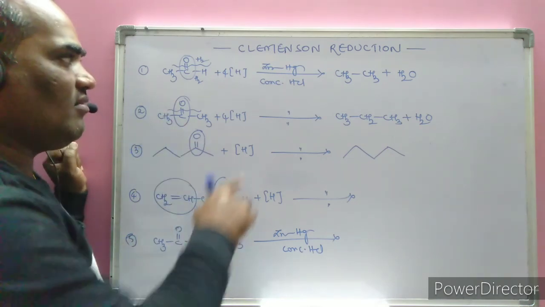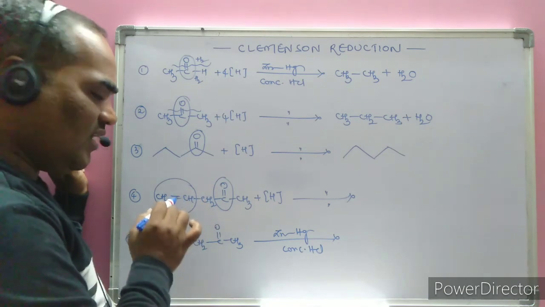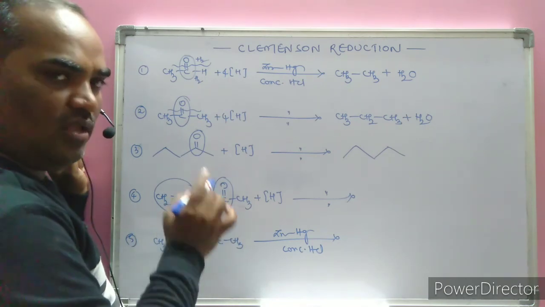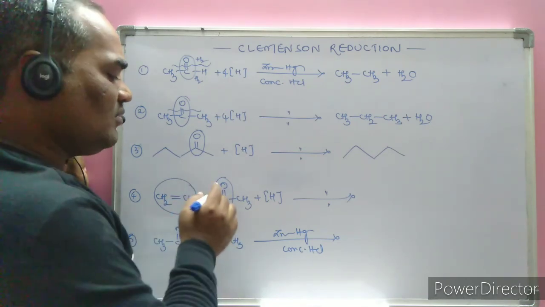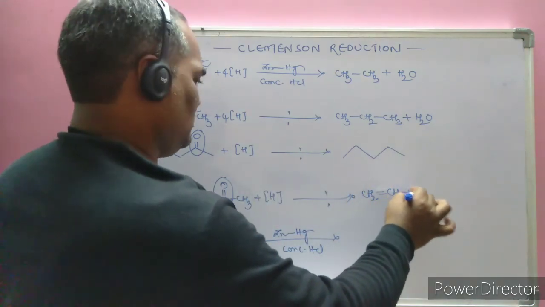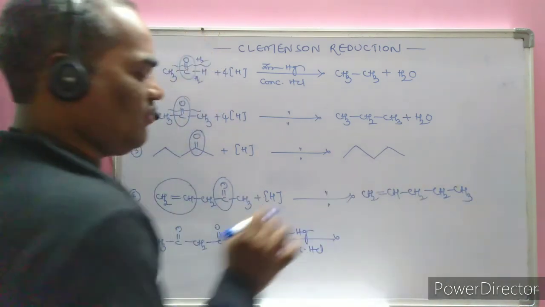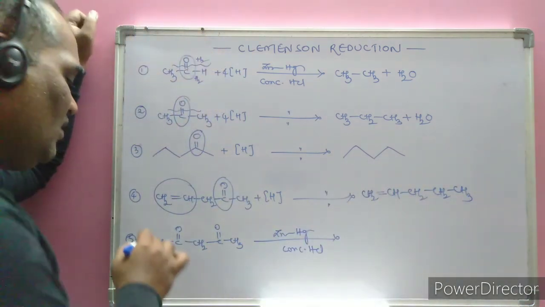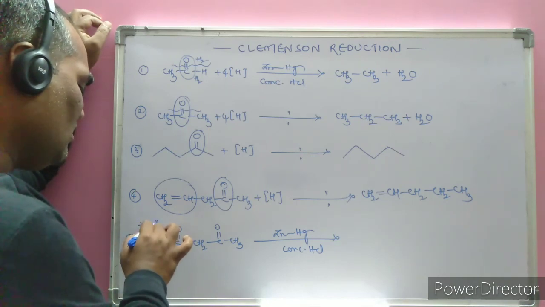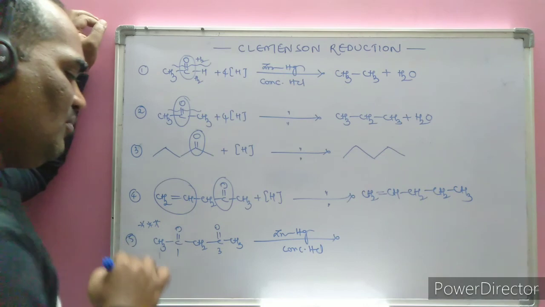The important characteristic property of the Clemmensen reduction is that it does not influence the double bond. It only reduces the C=O to CH2. Very important: here CH, CH2, CH2 and CH3, by the loss of a water molecule. And another very important one under the Clemmensen reduction: here a ketone is present at the 1,3 position.